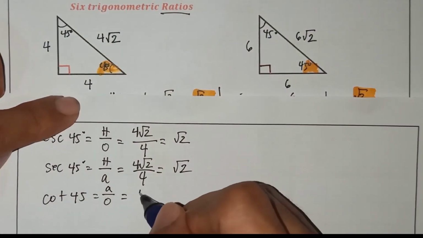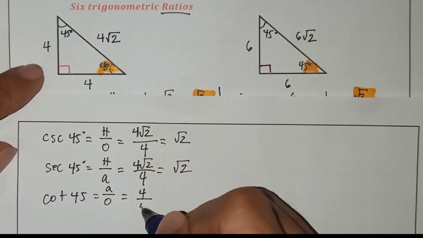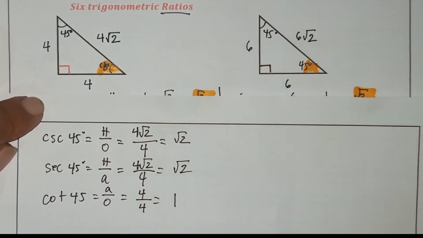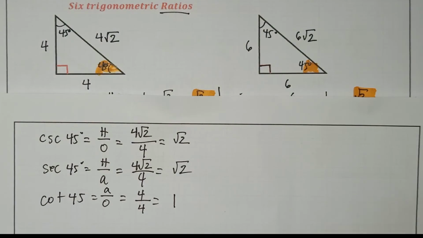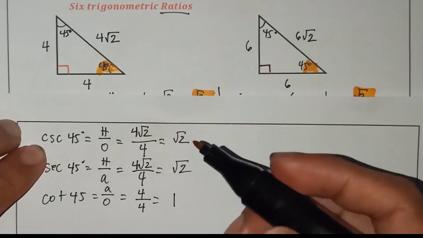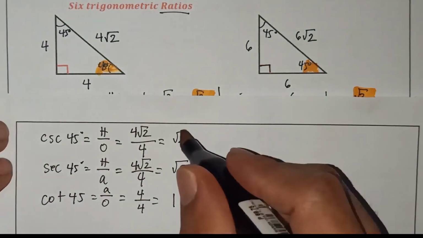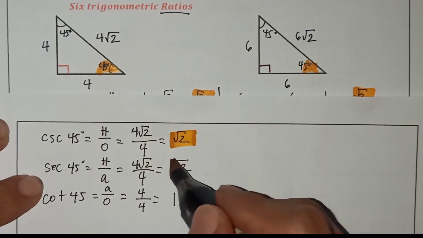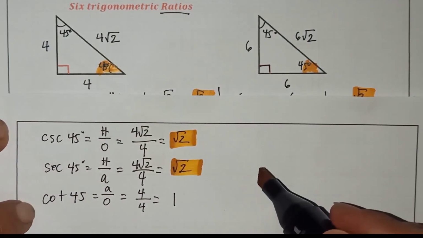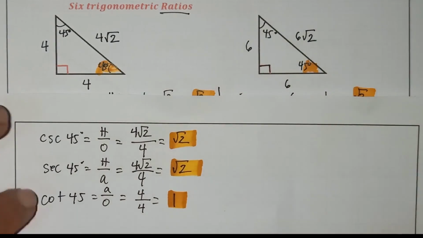The adjacent here is 4, and opposite is 4. The result is 1. So these are the values now: cosecant 45 is square root of 2, secant 45 is square root of 2, and cotangent 45 is 1.